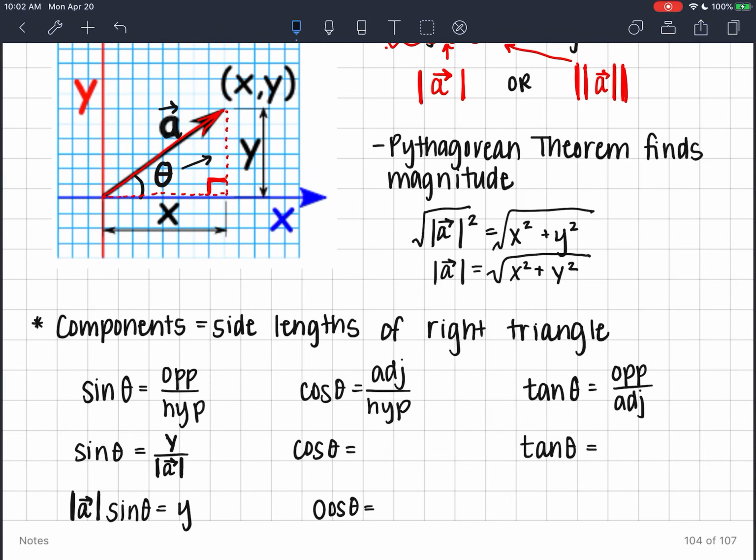So your y component is really the same thing as the magnitude of A times the sine of theta. So if you know your magnitude and you know the angle of your vector, you can find the y component.